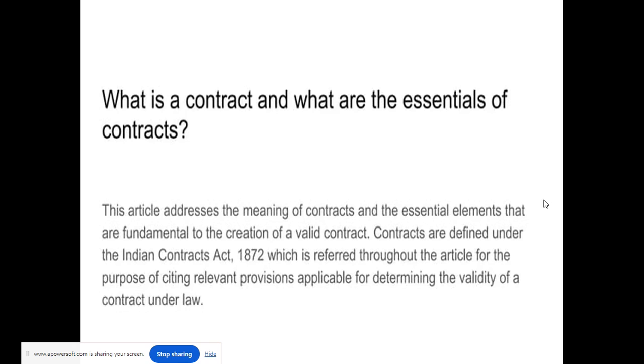Hence, a contract is an agreement whose objective is to establish a legal obligation, that is, a duty enforceable by the law. From the definition, it is quite clear that a contract includes two elements, namely an agreement and the legal obligation, that is the duty enforceable by the law.